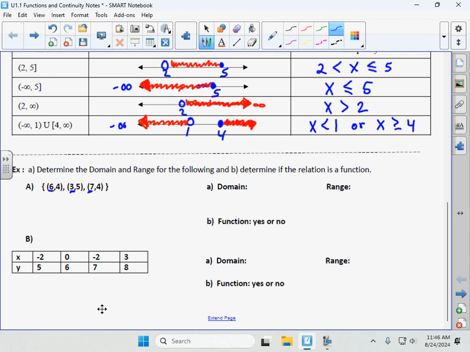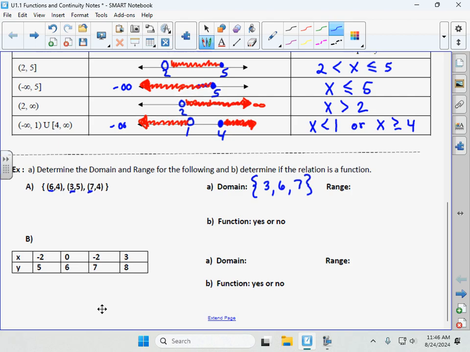Typically we would write these in order from smallest to biggest, and because these are specific numbers, we're just going to use braces. So just do your best with some kind of squiggly lines when you do this. So our order would be 3, 6, and 7.